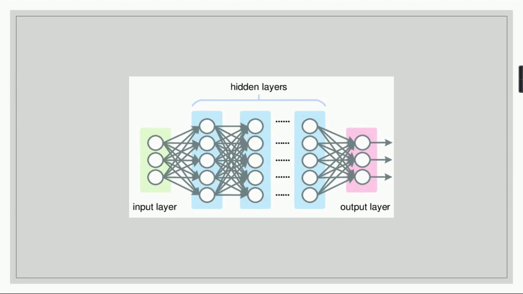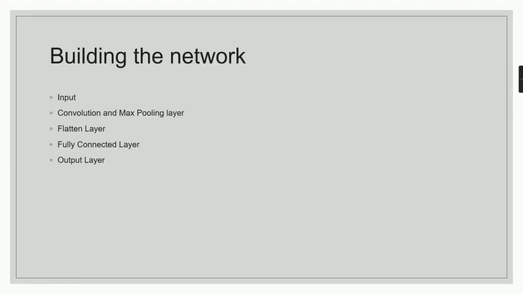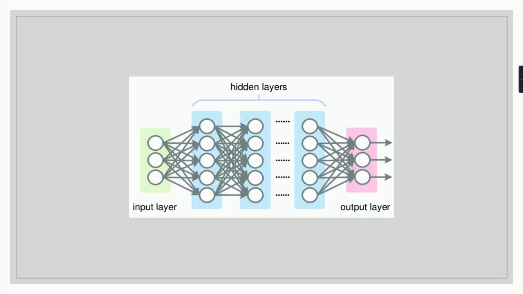There are one or more hidden layers in a neural network. Hidden layers are the ones that are actually responsible for the excellent performance and complexity of neural networks. They perform multiple functions at the same time, such as data transformation, automatic feature creation, etc. The hidden layer consists of convolutional layers, max pooling layers, flattened layers, and fully connected layers.